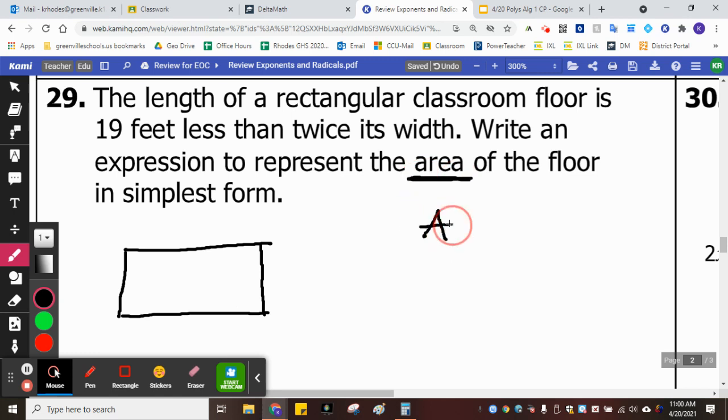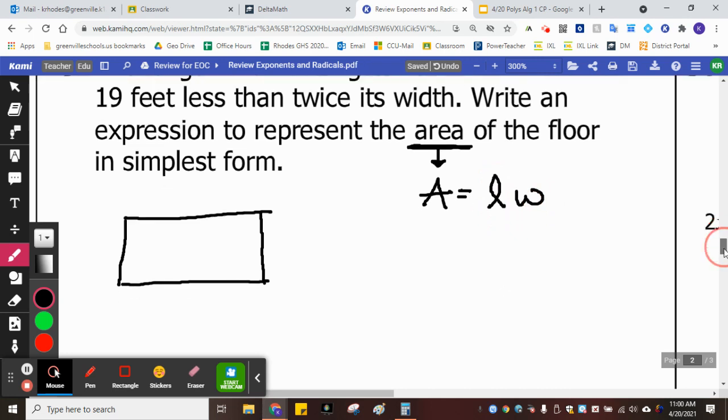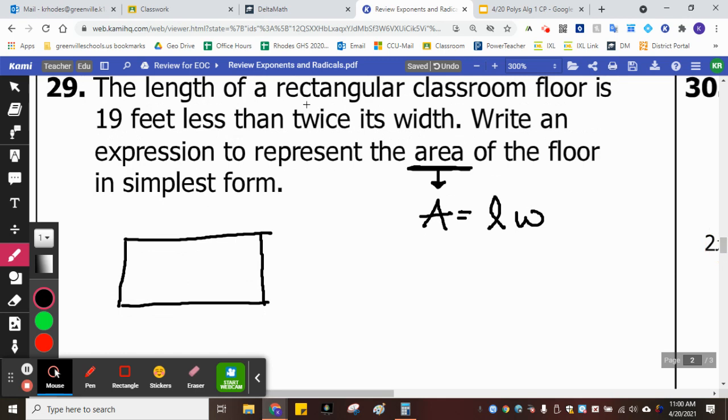How do you find area of a rectangle? Multiply both sides. So we have to multiply the length times the width. Right? Length times width. Okay. The length is 19 feet less than twice the width. So we are describing the length by the width.